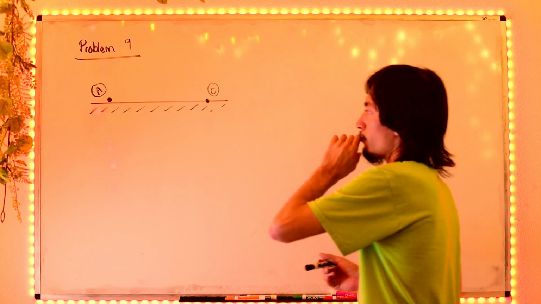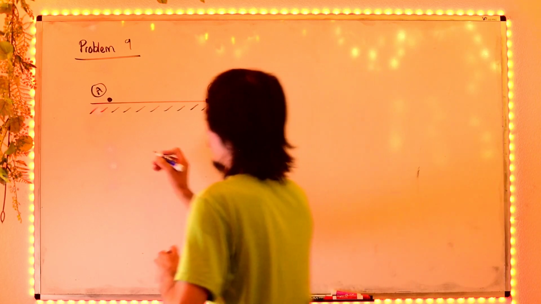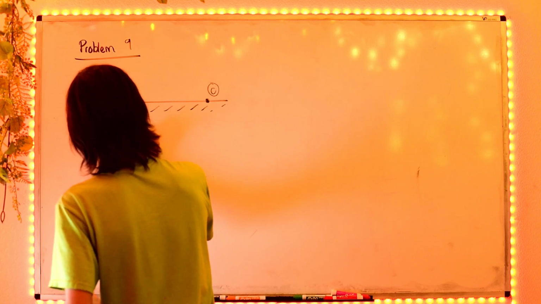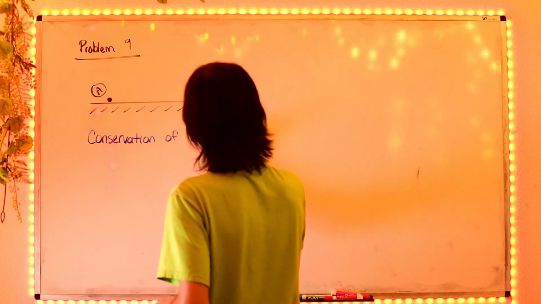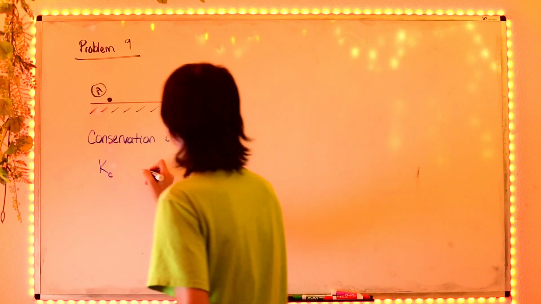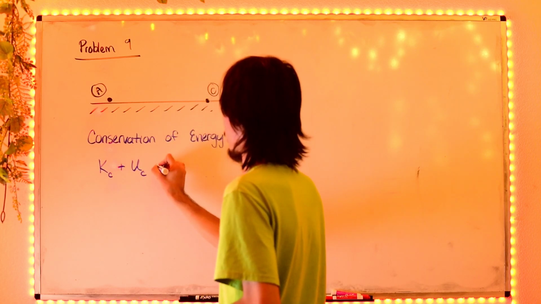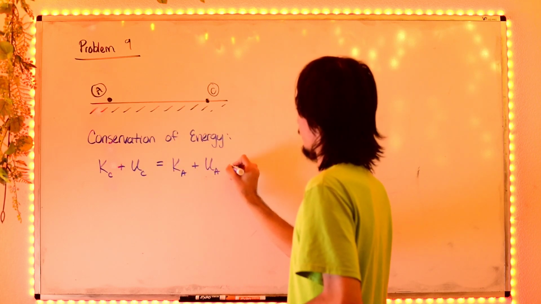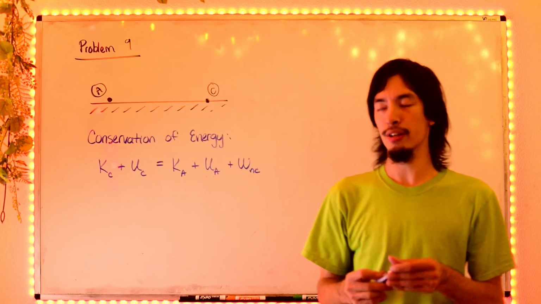Now, between these 2 points of interest, we can write that the conservation of energy states: K final, which is point C, plus U final, which is point C, equals the same thing initial, all point A, plus any non-conservative work on the initial side.